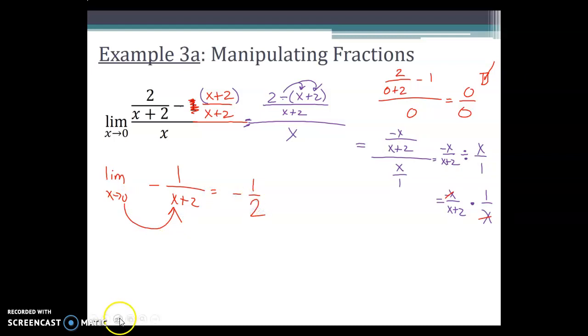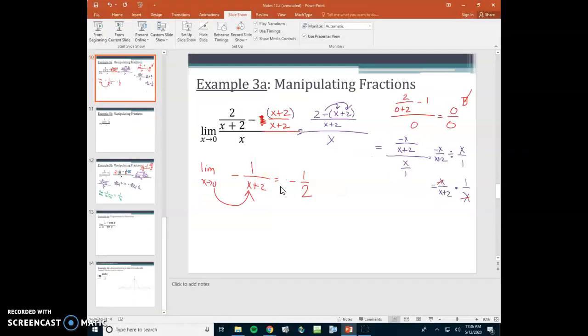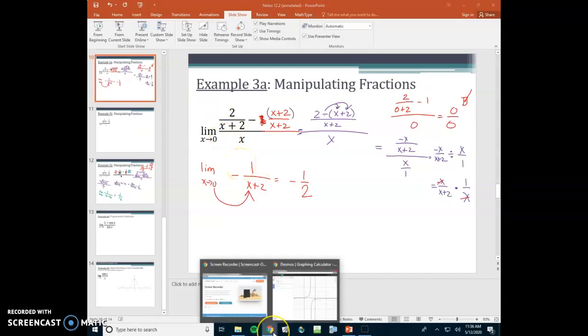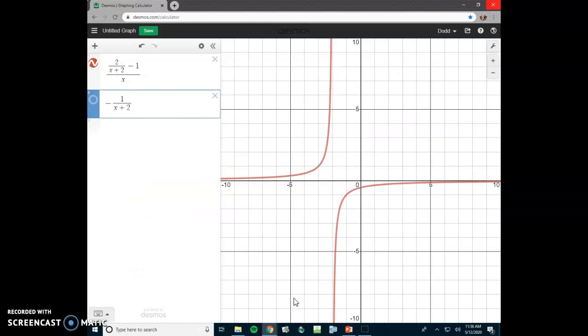Once again, it's definitely worth checking out the graph of this thing to make sure that the equivalent original function and the new function really do look the same. So let's do that. This red one is the original function where we started. Negative 1 over x plus 2 is where we ended.